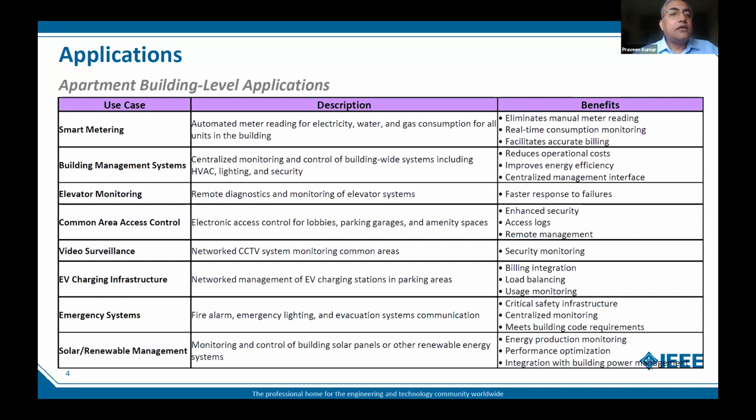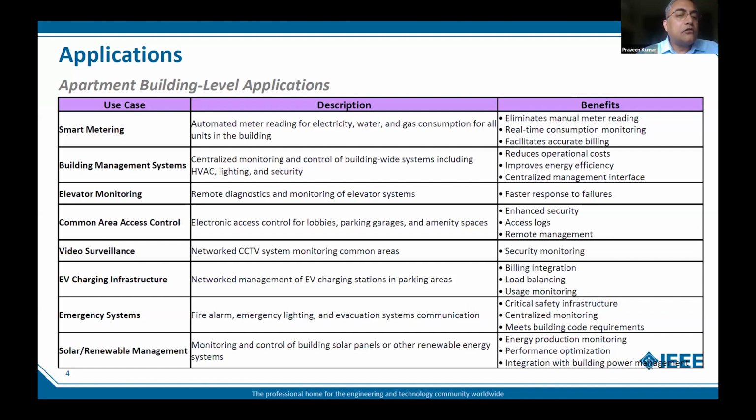Now the applications, the use cases for the apartment environment. Smart meter is definitely one use case, and it is already installed at multiple places. Millions of nodes are already installed in Europe and Japan, and Nessum has already proven its capability there.